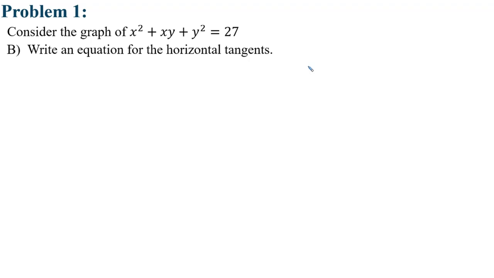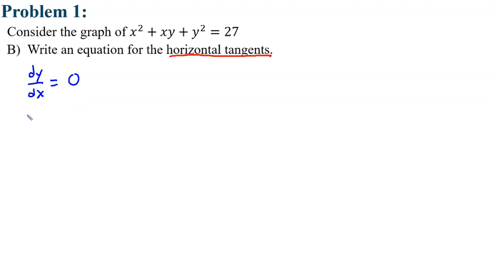Now that we have an equation for our derivative, we can answer questions like this. Part B asks, write an equation for the horizontal tangents. Horizontal tangents are going to happen when dy over dx, our derivative, is equal to 0.